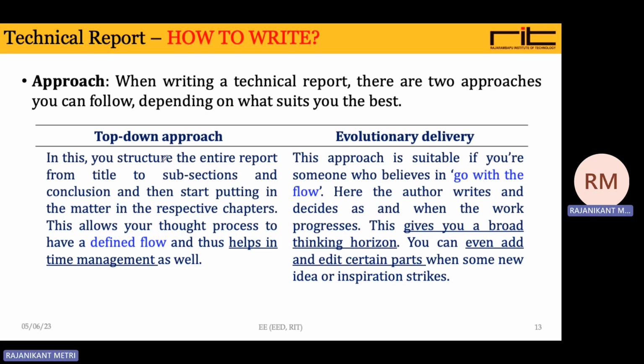In the top to down approach, you define the structure of the entire report from title to sections, subsections, and conclusions, and then start putting the matter in the respective chapters. You define the title of your work, the chapters, the sections and subsections you want to include, and then put the content in that structure.